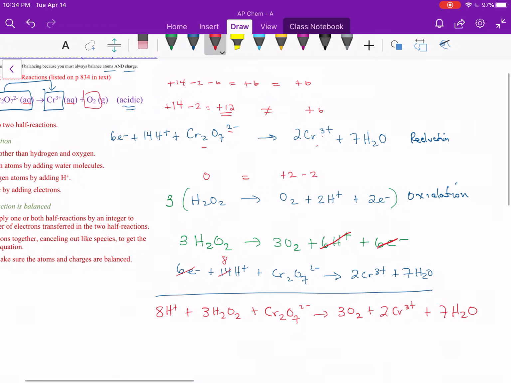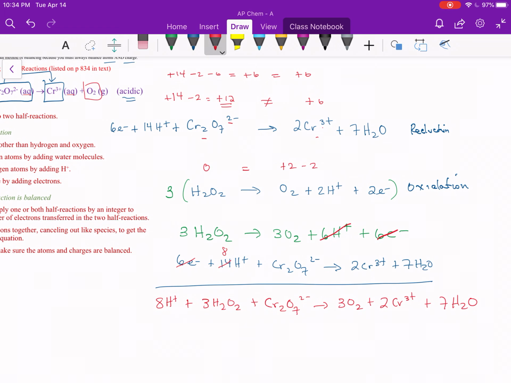But again, if I look at this, everything should balance out. I have 8 plus 6 hydrogens, so that's 14 hydrogens, 14 hydrogens. I have 6 oxygens plus 7 more, so that's 13. I have 6 plus 7, that's 13. 2 Crs, 2 Crs.